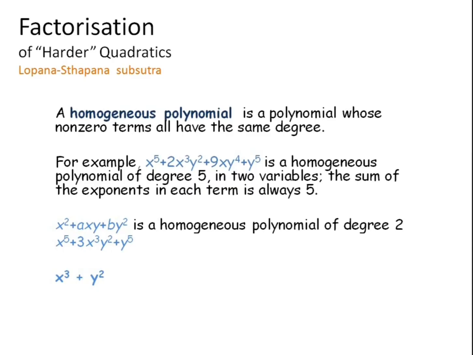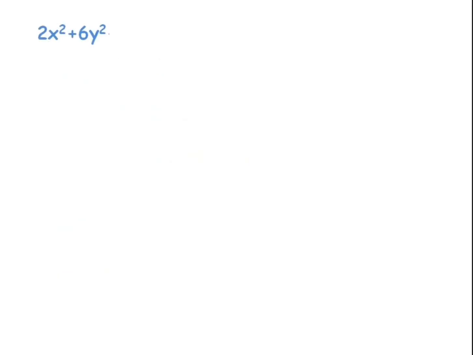Now let us see how to factorize this kind of homogeneous expression, which feels troublesome. It appears to be very cumbersome to factorize these kinds of equations. So now let us take this equation. How do you normally factorize this equation?